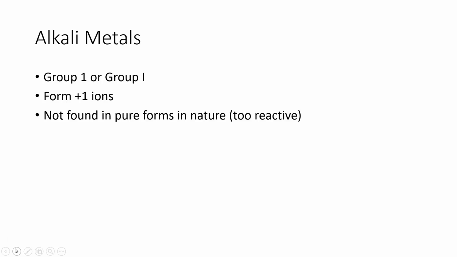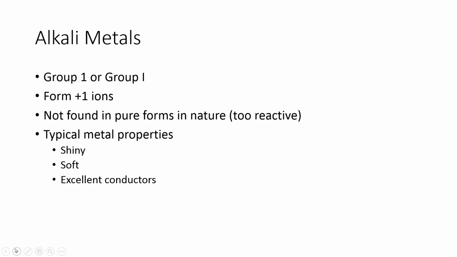They are never found in pure forms in nature. They're way too reactive for that. They're so keen to get rid of their electron and form an ion that they do that in nature straight away. They did it billions and billions of years ago. And so whenever we find alkali metals in nature, we only ever find them mixed up in compounds with other elements.